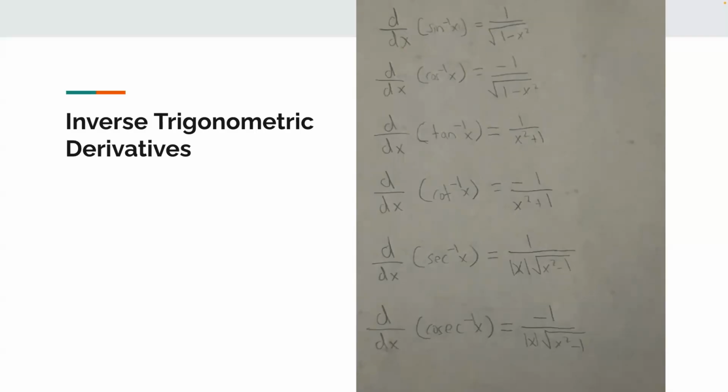Inverse secant x, or arcsecant x, is 1 over absolute value of x times square root of x squared minus 1. And the cosecant one is just minus 1 times that. So note that you only have to memorize 3. Memorize the sine, the tangent, and the secant. And the other 3, cosine, cotangent, and cosecant, are just the negatives of the corresponding ones.